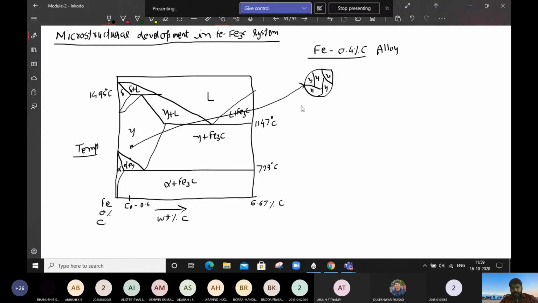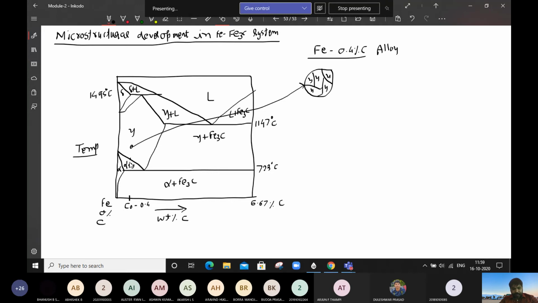So alpha will start appearing in this microstructure. But the question is where this alpha will come. The alpha will come along the grain boundary. This is the grain, and these lines are the grain boundaries. So alpha is going to start appearing only at the grain boundaries.